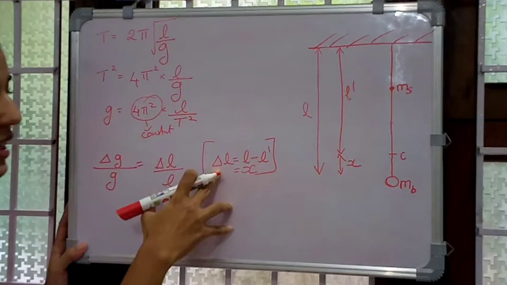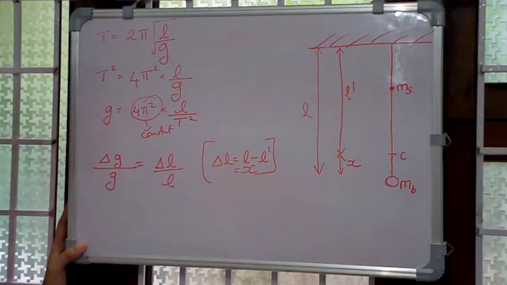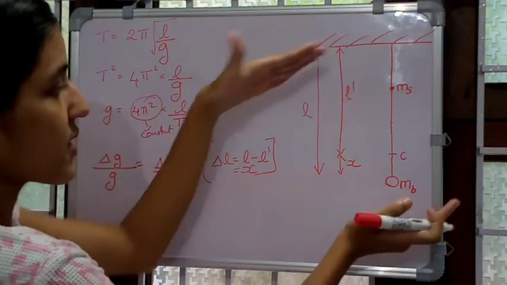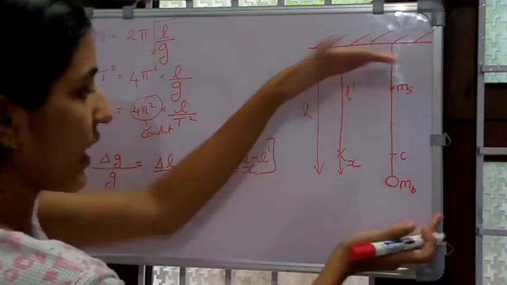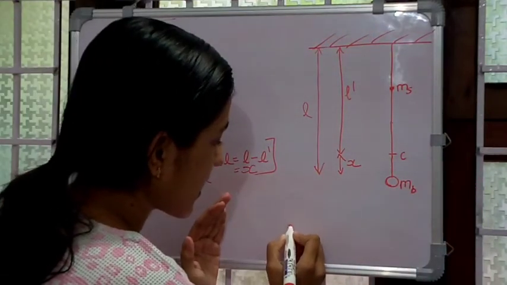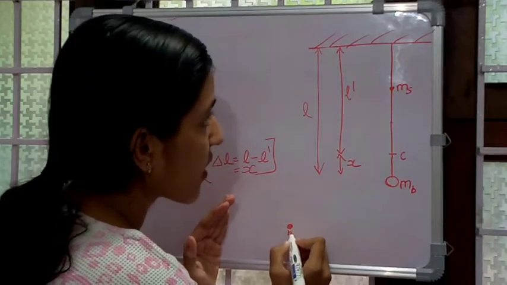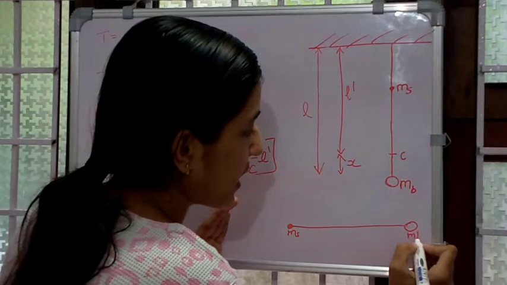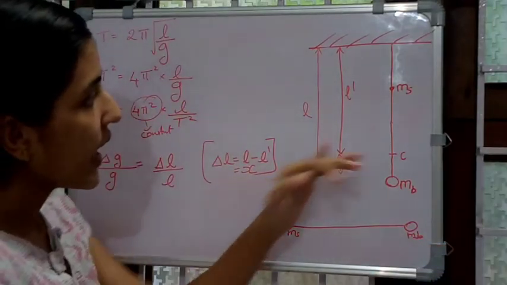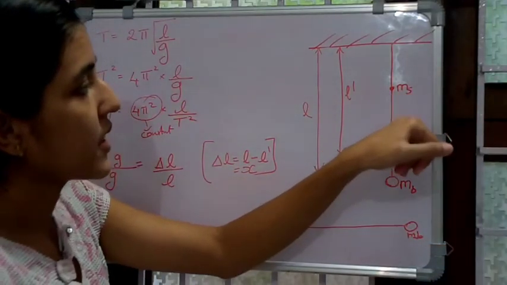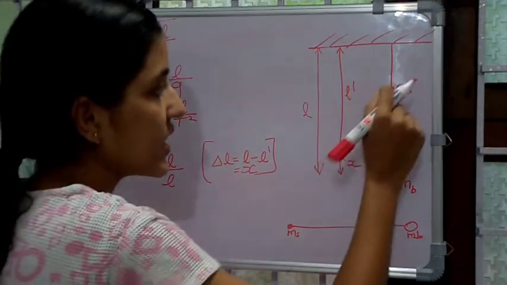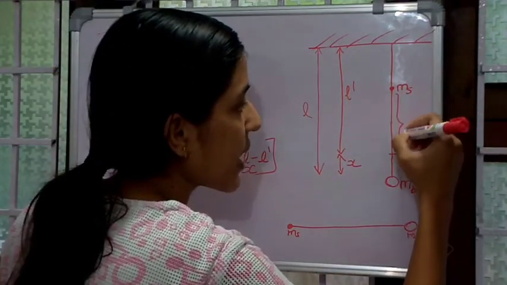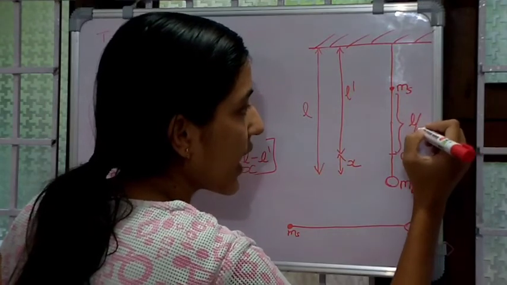Then only we will be getting the value of delta L. So consider that the system is placed in a horizontal way like this. So this is the ms and here is the mb. Here I have plotted this ms, that is this point, in such a way that this distance is approximately equal to L by 2.